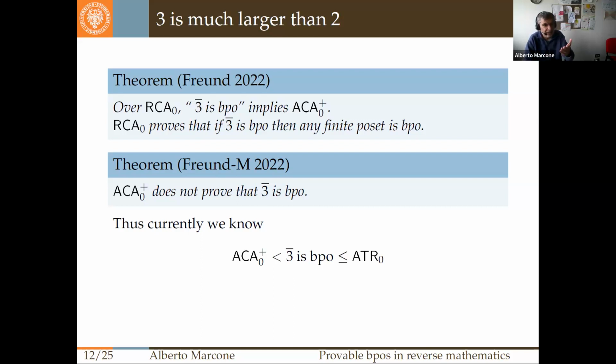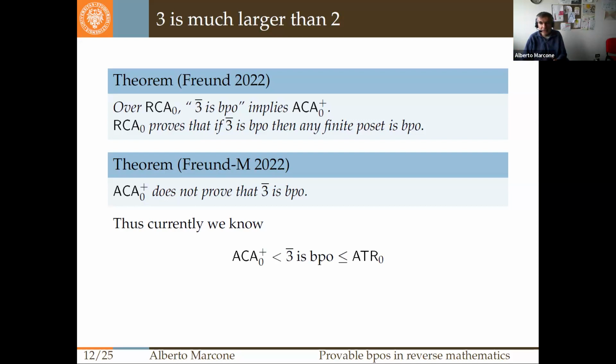I guess in degree theory, it will be a degree which is strictly above ACA naught plus. It might still be the same degree as ATR naught, or maybe any degree in between ACA naught plus and ATR naught. We don't know the answer to that yet. So that's the situation for 3 bar is a better partial order, and what we know at the present stage.